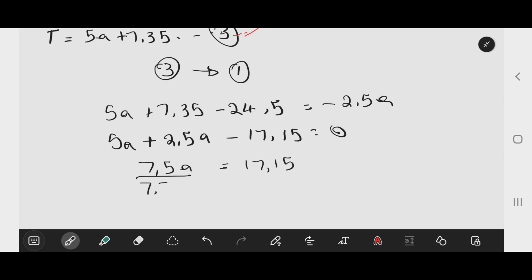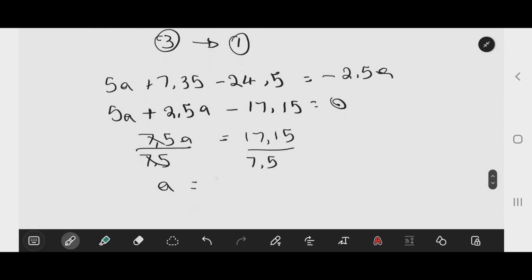Divide both sides by 7.5, and the magnitude of the acceleration is equal to 2.29 meters per second squared, right?